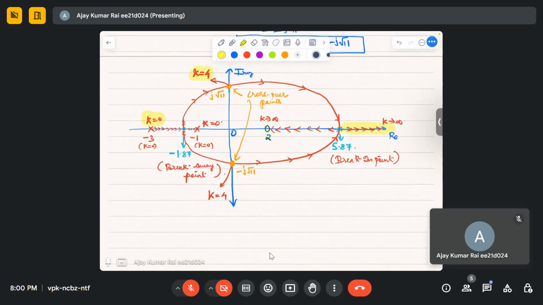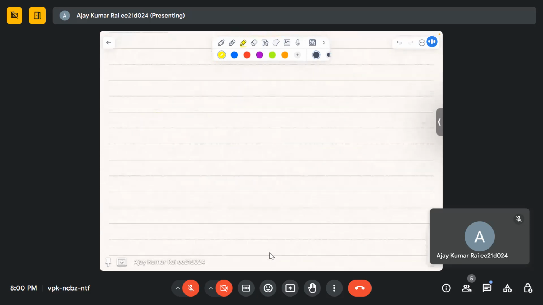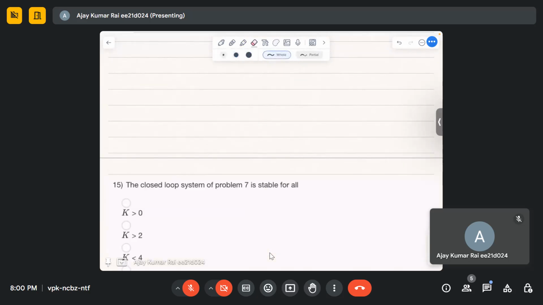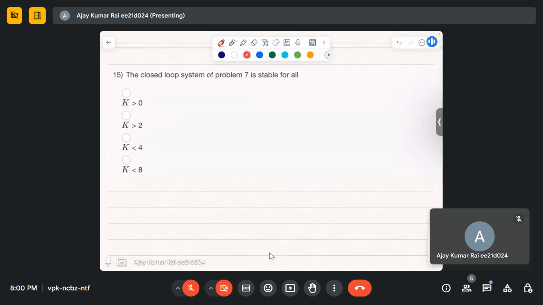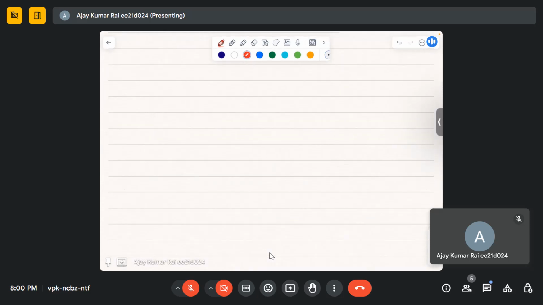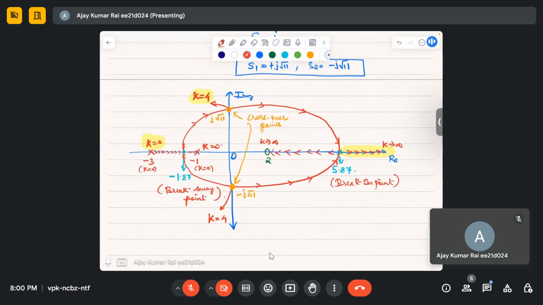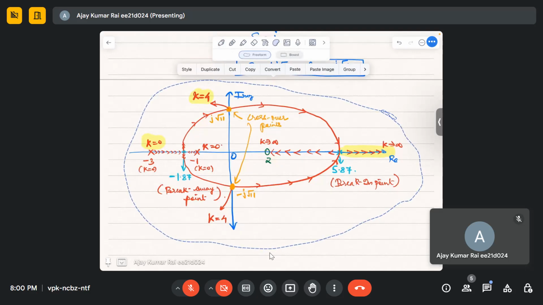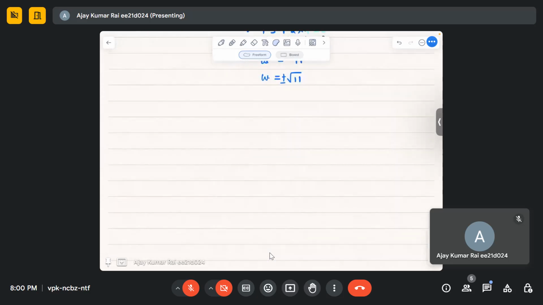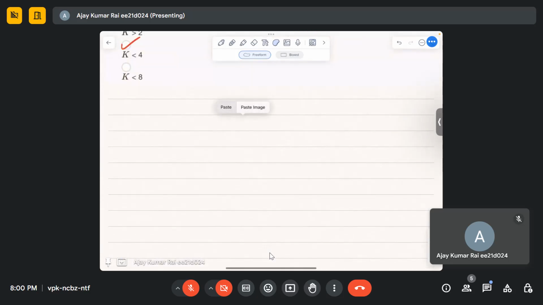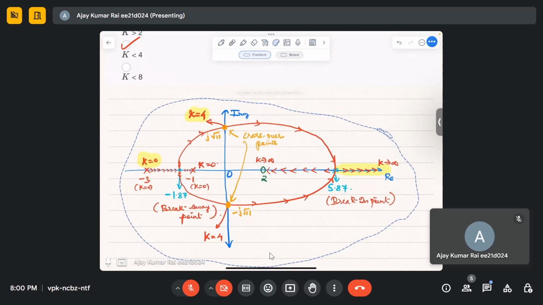Simply looking at the root locus, you can comment on the stability. So directly you can say if k is less than 4. I will just copy the root locus to that question. Okay, this is the answer.